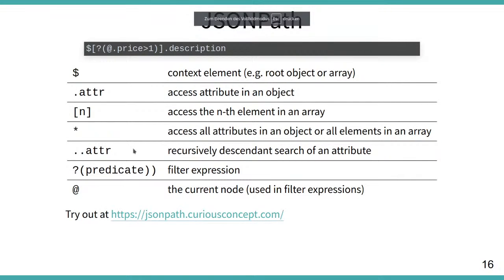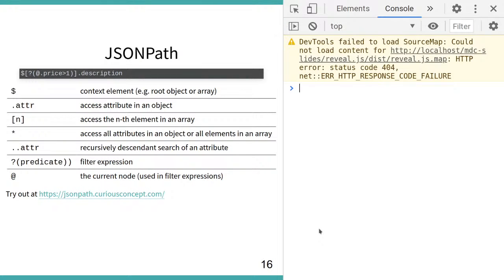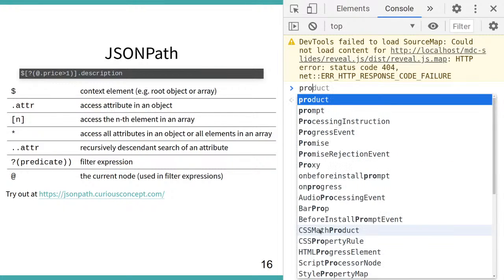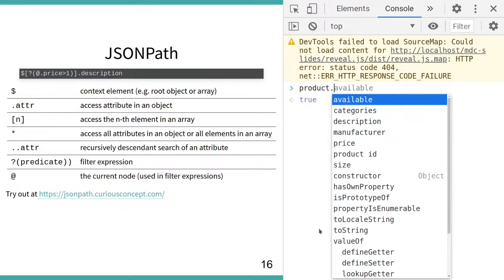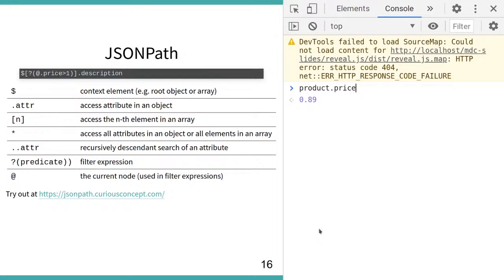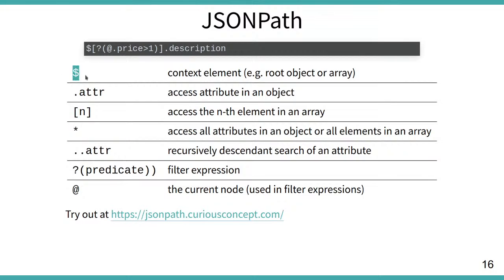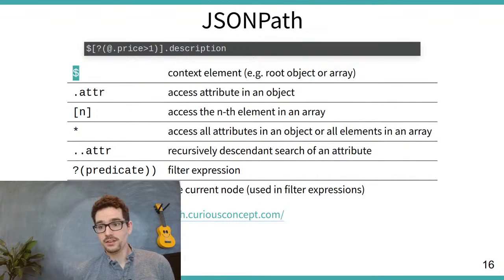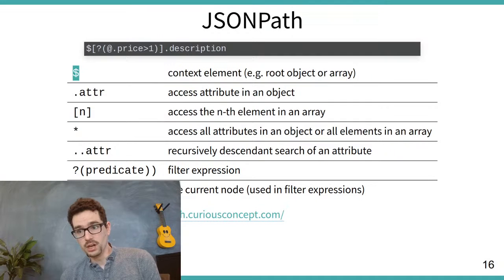In JSON we use the dot notation, like here in our examples, product dot price and so on. So we go deeper and deeper with the dot notation. Typically a JSONPath expression starts with $.